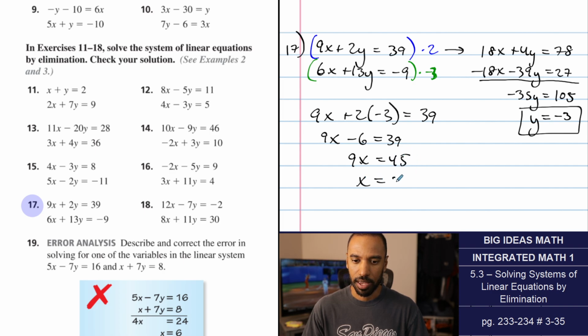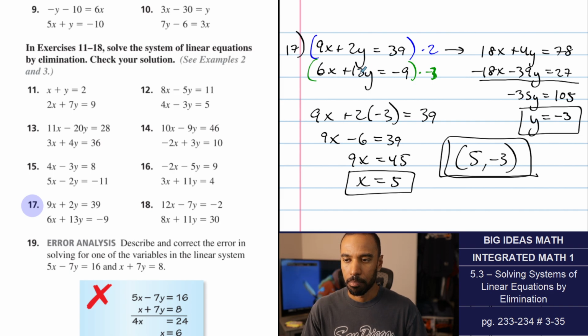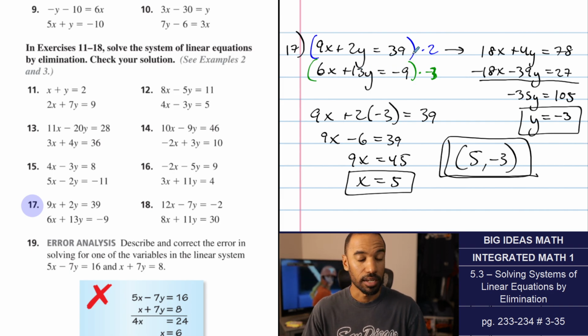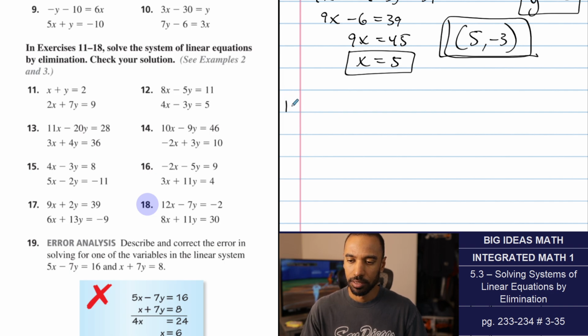You get x equals 5. All right. Double check it with the bottom equation. That's 30 minus 39, and that's negative 9. Last one of this set, number 18. Again, nothing could divide. For shame. That's okay. But still for shame.